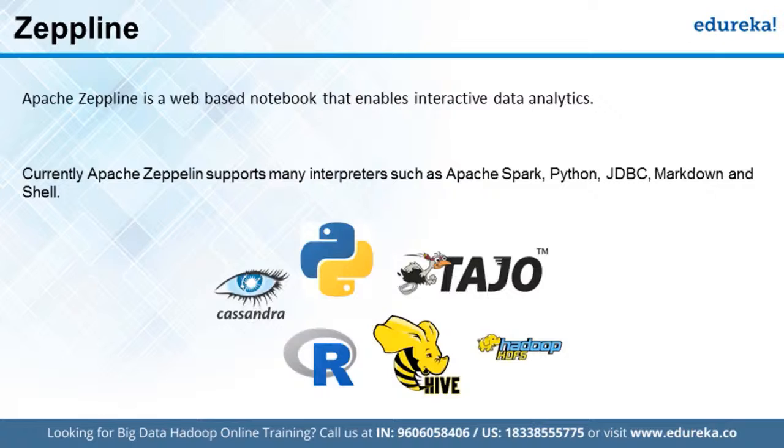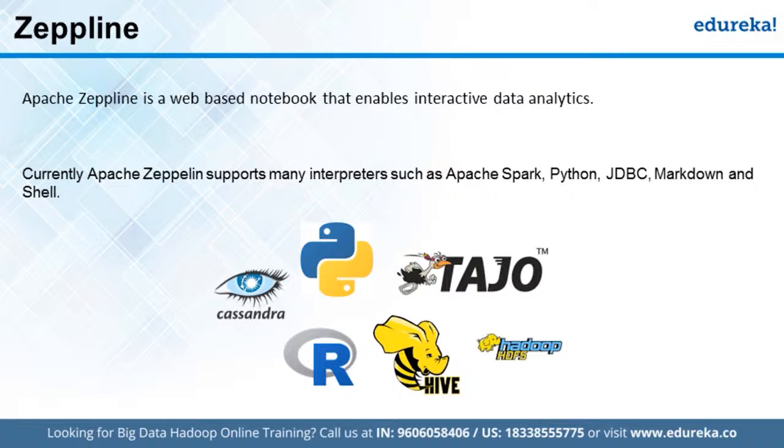Zeppelin is a notebook to interactively run scripts or code against your data. You can share the notebook for collaboration. It can run Spark code interactively, which is a very good thing. Otherwise, you have to open a Spark shell, run the Spark code, test it, and then put it back into your code.